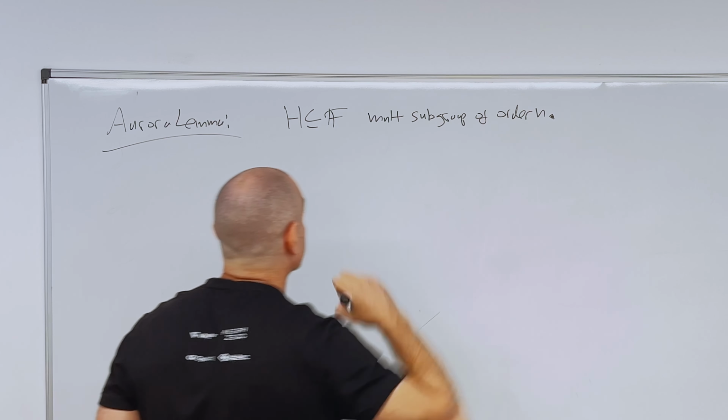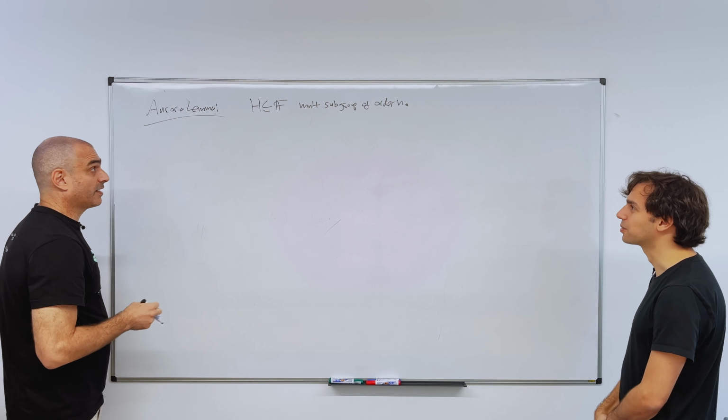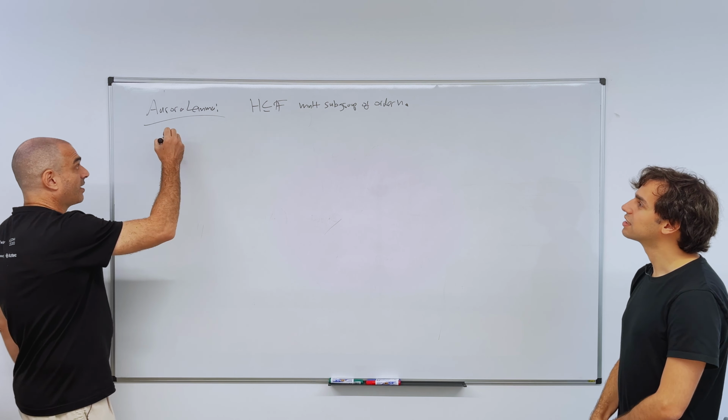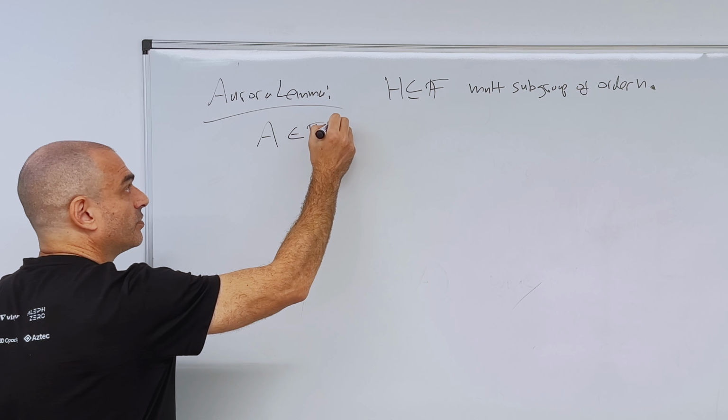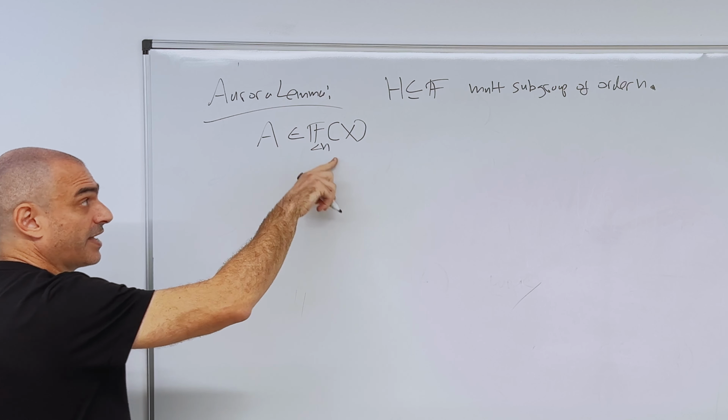Again, the roots of unity. Exactly. And let's call it A, a polynomial of degree smaller than n.